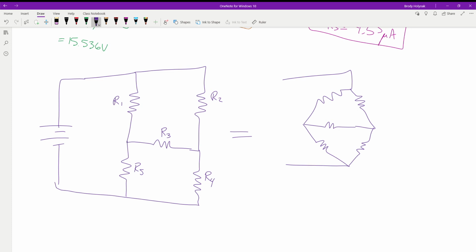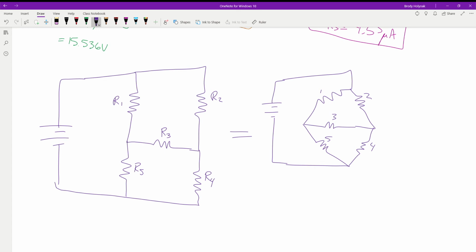So if you have a circuit like this, you can change how it looks as long as you maintain the connections. So if you look, we got 1, 2, 3, 4, and 5. What is resistor 1 connected to? Yep, 2, 3, 5, and the positive end of the power supply.